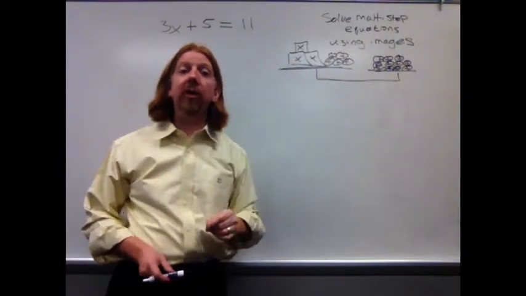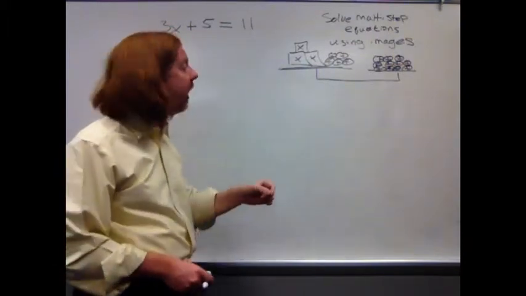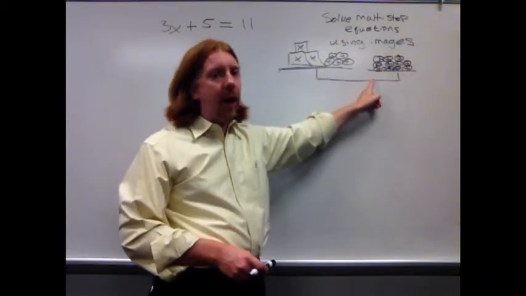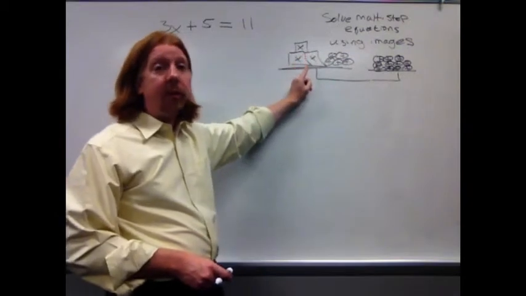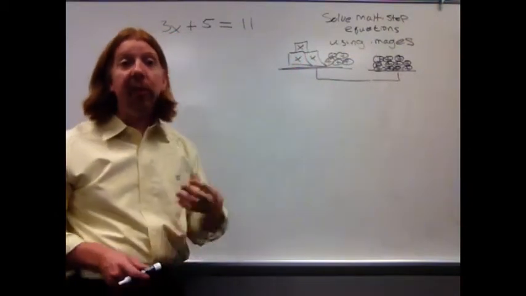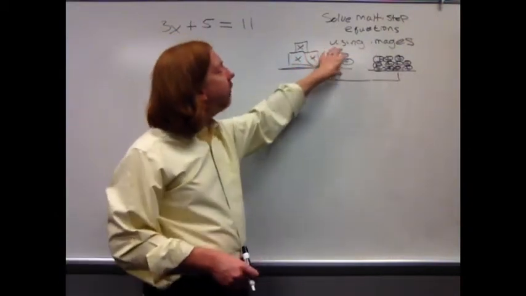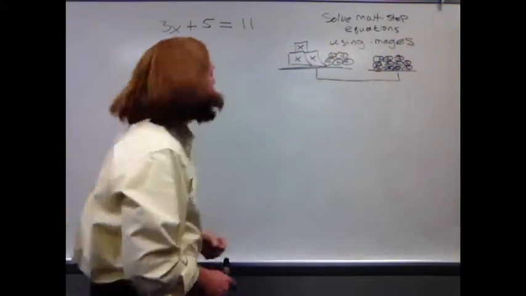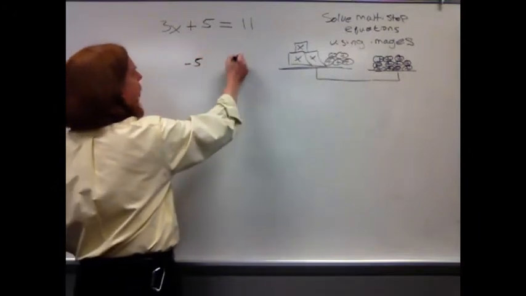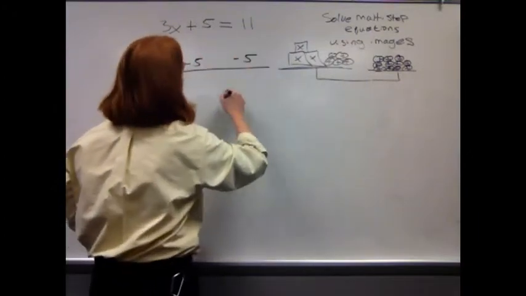I also see that simply removing 3 tokens from each side isn't going to really help me very much. It's not going to deal with this because this isn't 3 tokens. This is 3 boxes full of tokens. So I'll take these 5 tokens off this side and 5 tokens off this side by subtracting 5 from both sides of the equation.